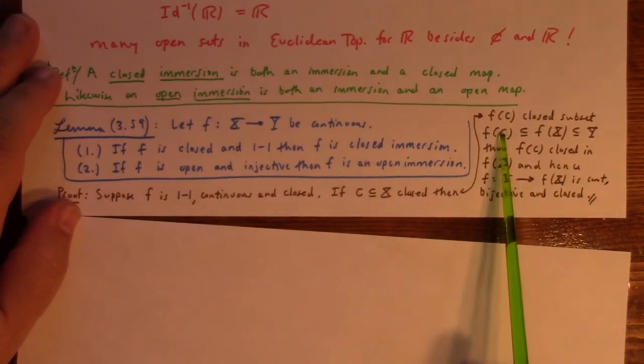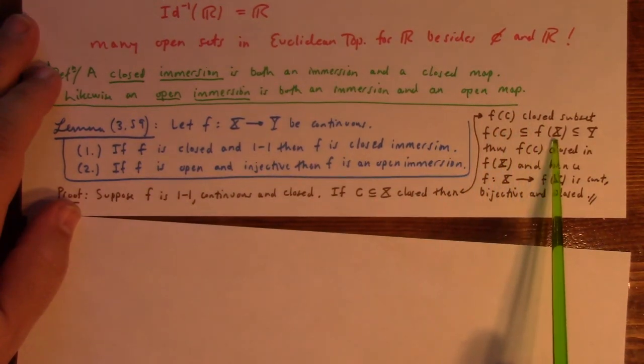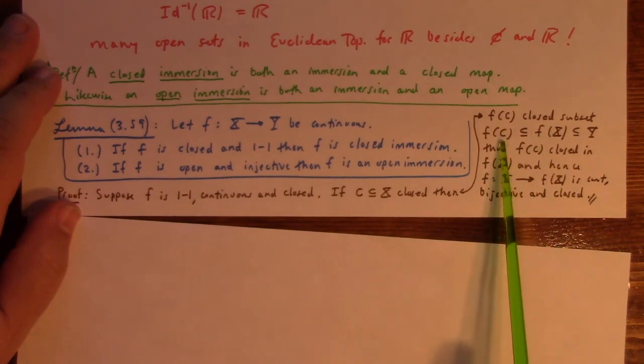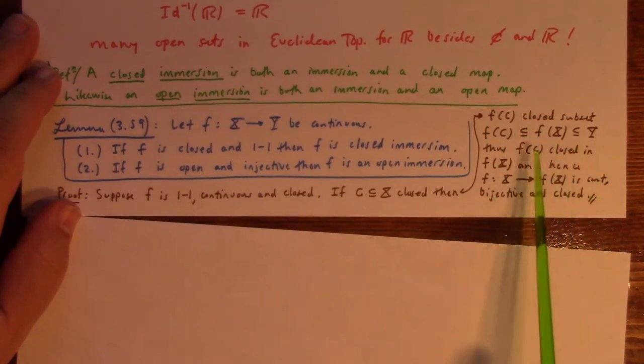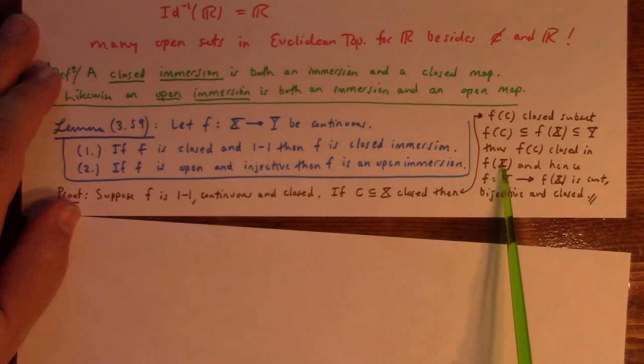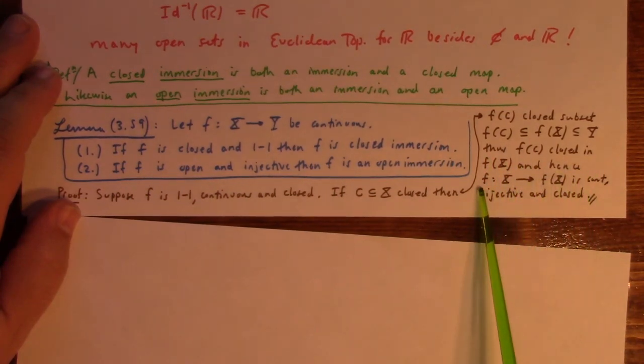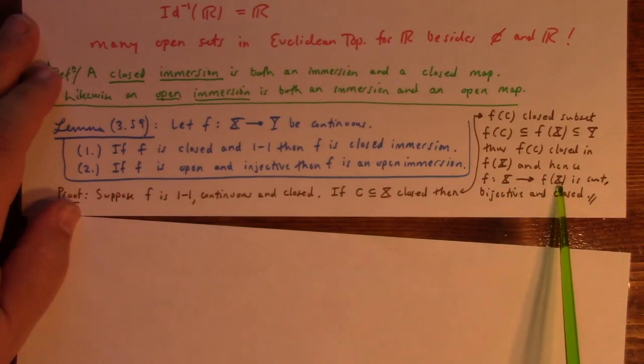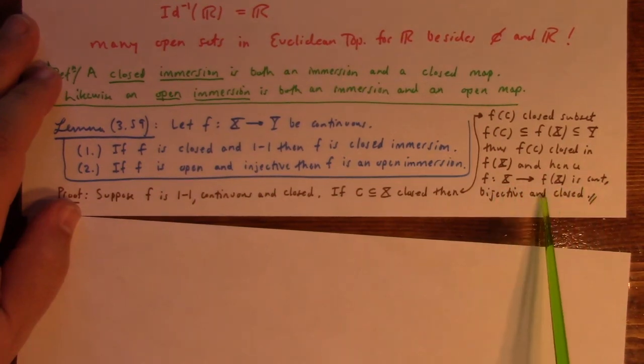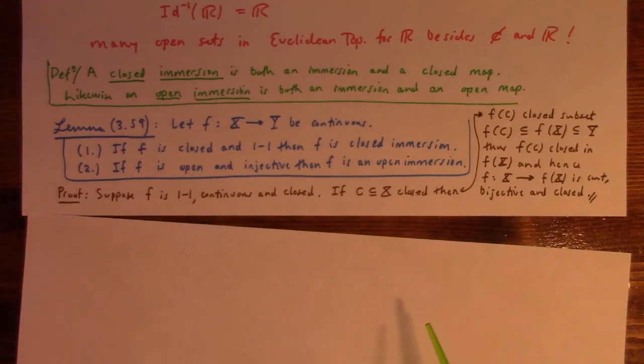Then F of C is a subset of the range, and so F of C is closed in the subspace. Consequently F from X to F of X is continuous, bijective, and closed, which is to say that F is a closed immersion.